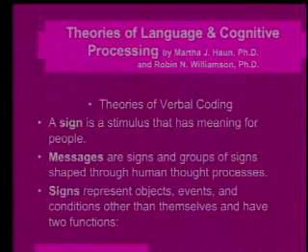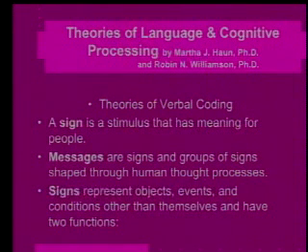Signs represent objects, events, and conditions other than themselves, whether it's a traffic sign, whether it's the traffic light, whether it's these little squiggly lines that are up on your PowerPoint slide that you're looking at right now. These represent things other than themselves.